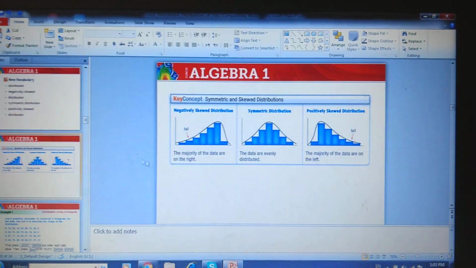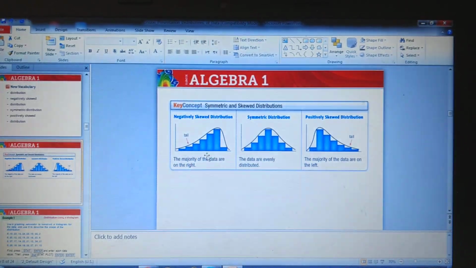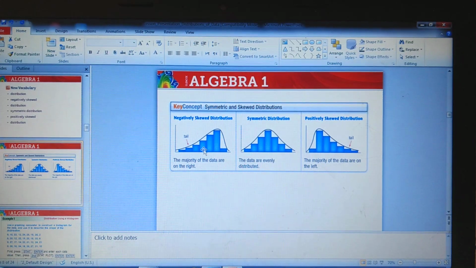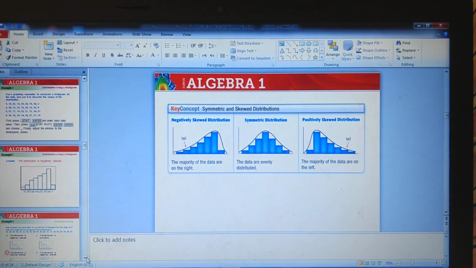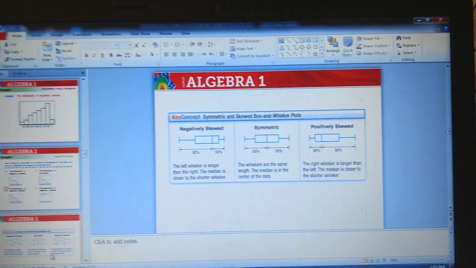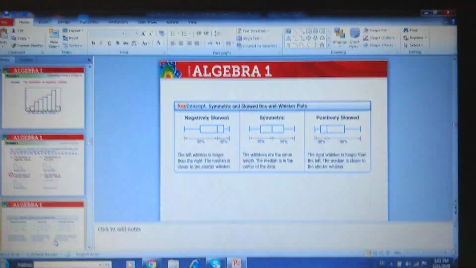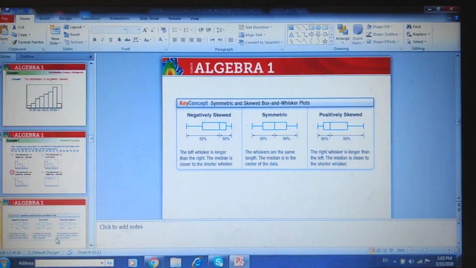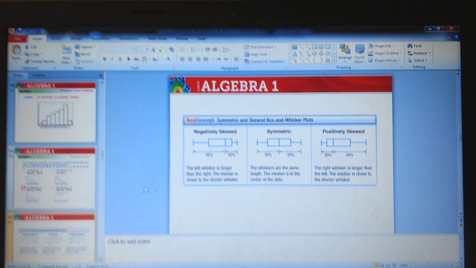As you see here, it's like this. Majority of the data are on the right. Therefore, it is a negatively skewed distribution. The most important thing in this lesson is this point, which is the box and whiskers plot. Like a histogram, a box and whiskers plot also gives me the kind of the data.